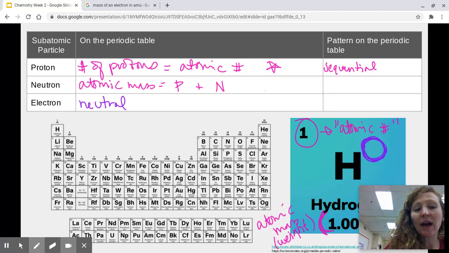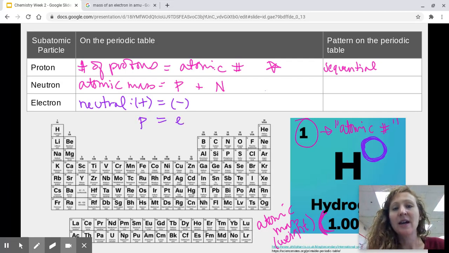So if you have a neutral element, like all the elements listed on the periodic table, that means your positives are going to equal your negatives, which means your protons are going to equal your electrons. If you have 6 protons and you have a neutral element, you're going to have 6 electrons too. If you have 9 protons and you have a neutral fluorine, that means you're going to have 9 electrons too.